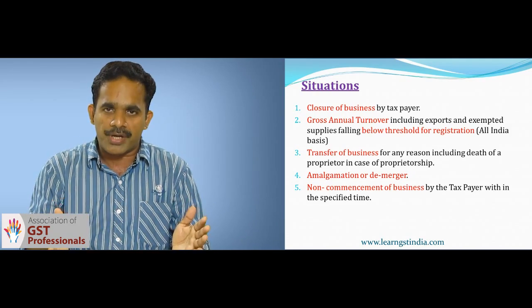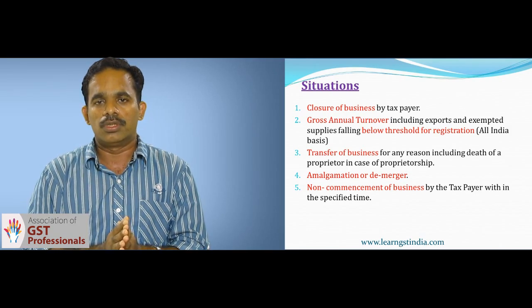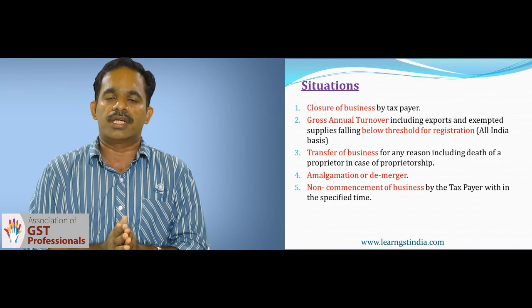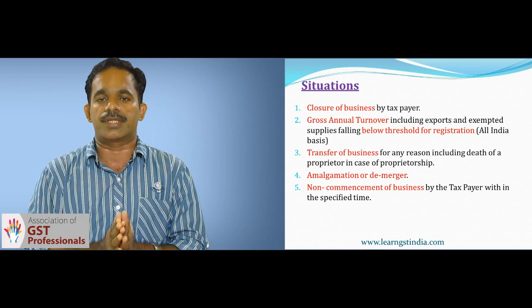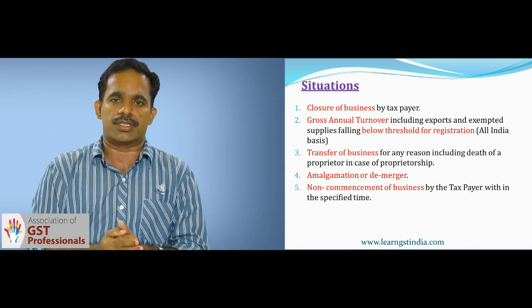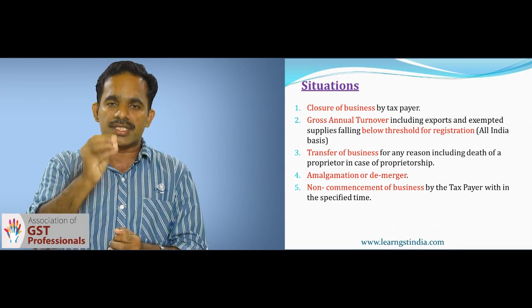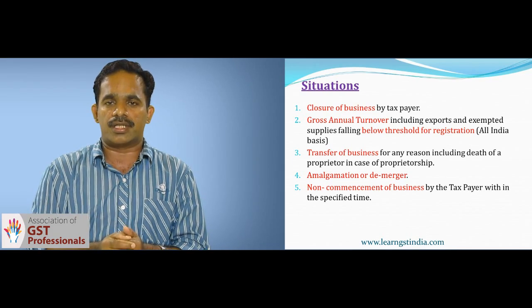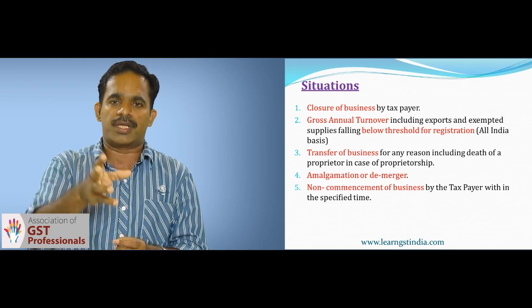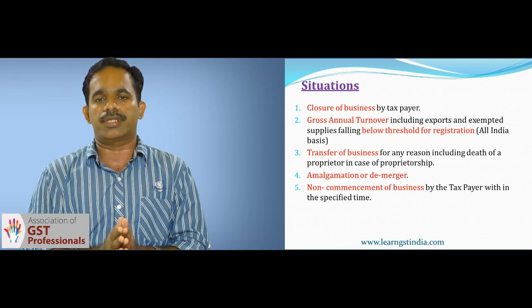So, after a stipulated time, as per GST law, the registration can be cancelled due to non-commencement of business. So, these are the various situations where the registration can be surrendered by the registrant or cancelled by the tax authorities.